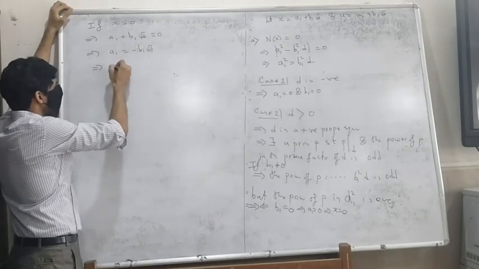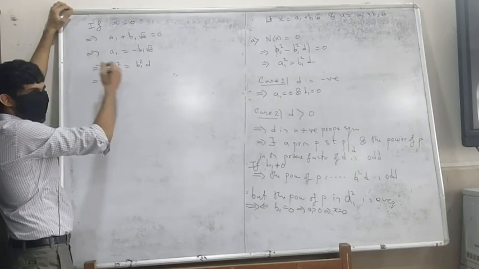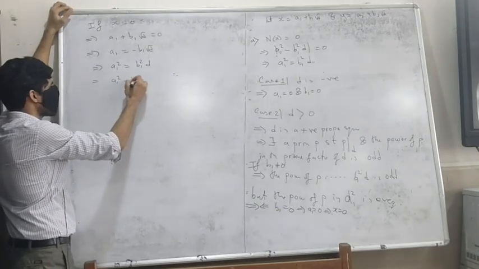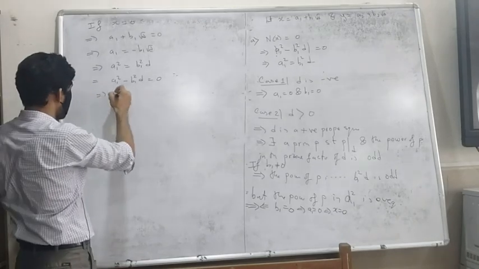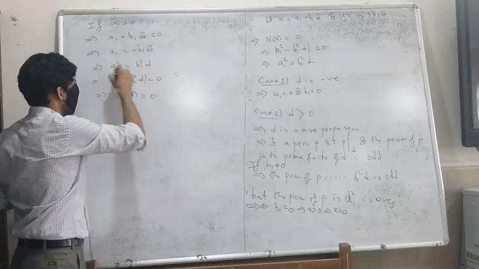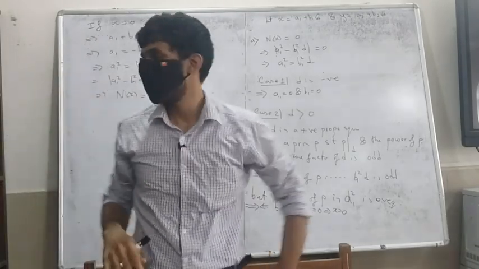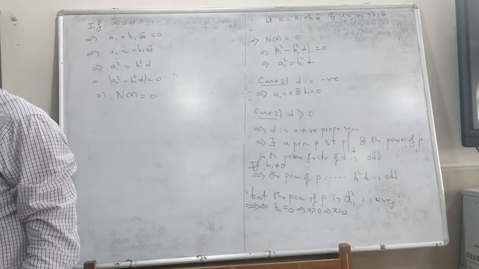Square on both sides. a1 square will be b1 square d. Bring this back to the side, you will get a1 square minus b1 square d. This is 5th standard maths, right? So this will mean that n of x is 0. Of course, you can then take the mod. So this has that nice property.